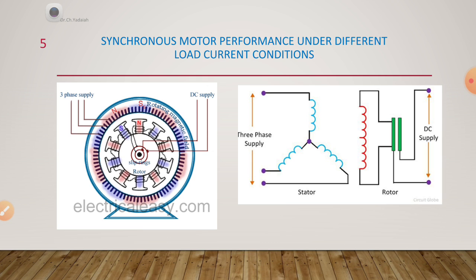That EMF always opposes the applied voltage V. So, we can say this is the back EMF EB. Now the applied voltage is opposed by EB, that is V minus EB, which is equal to the resultant voltage ER. That ER is equal to armature current into synchronous impedance, IA ZS.